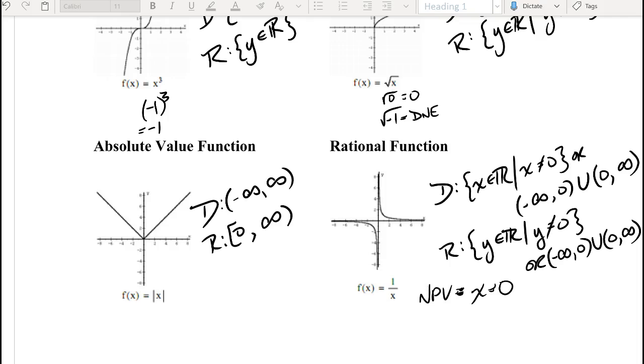So it says x is an element of the reals where x cannot be 0, but I can write it in interval notation saying x exists from negative infinity to 0 but not including 0, and that's united with starting at 0, but not including the 0, all the way up to positive infinity. And we see that again with our range. So again, either way is acceptable.